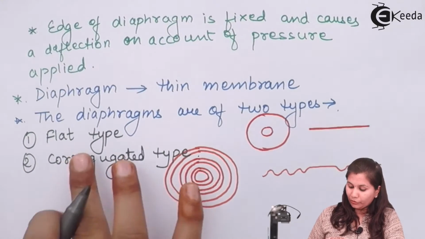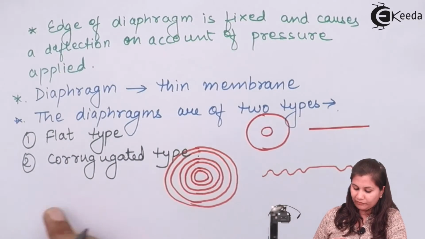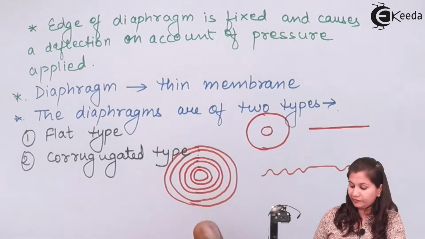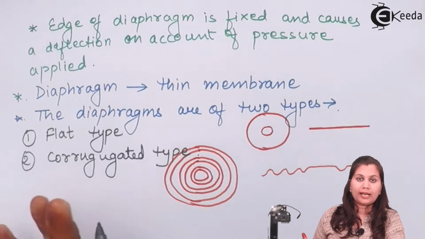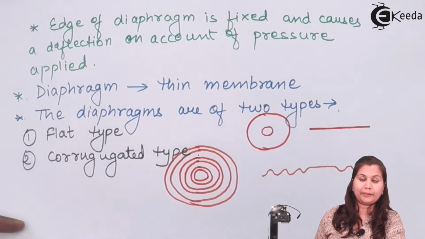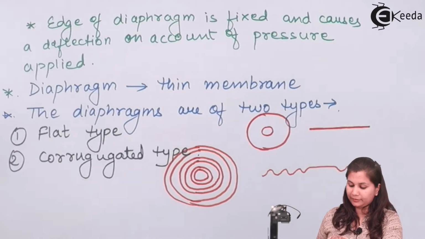So in the corrugated type of diaphragms, we have increased surface area, and due to that, they give us greater deflection, and greater deflection means that higher pressure ranges or higher pressure measurements can be done.